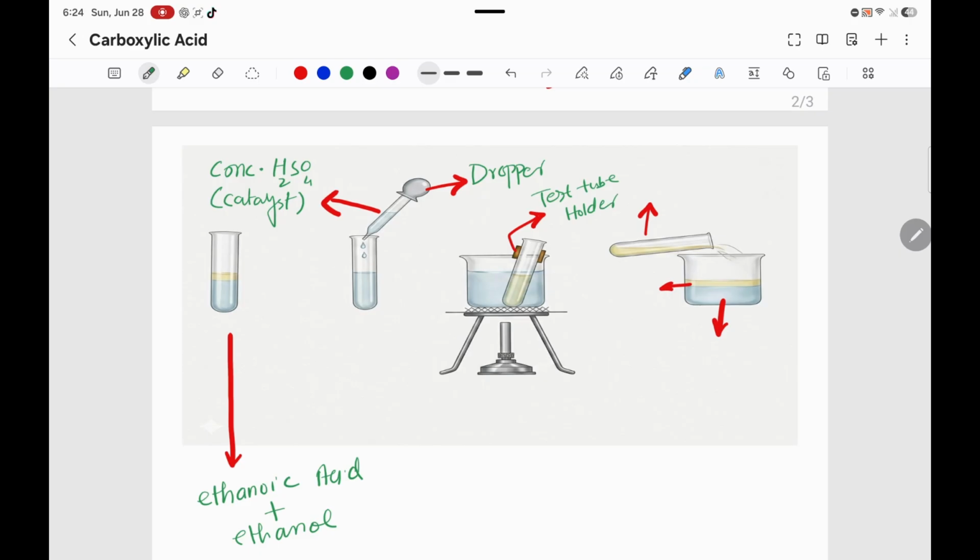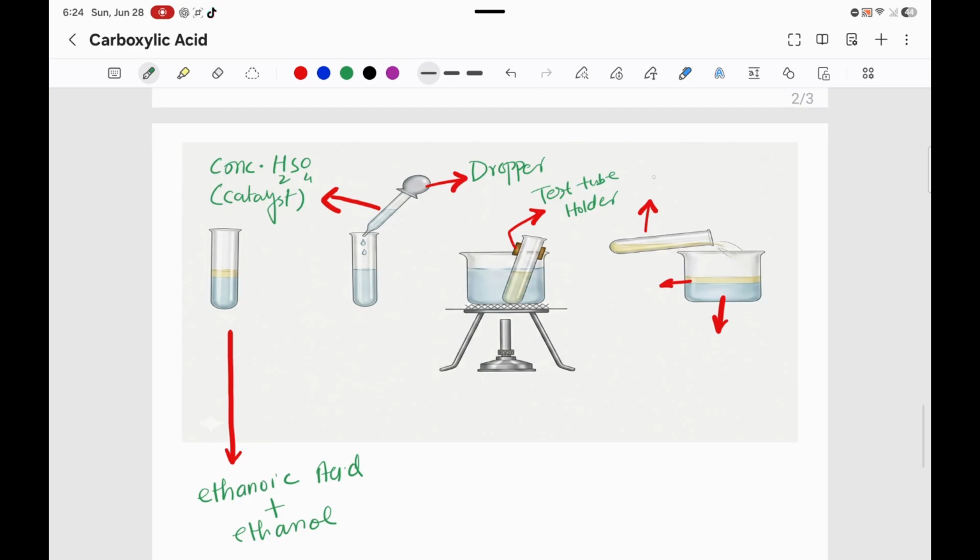When we mix ethanoic acid and ethanol and heat it, this is the reaction mixture.